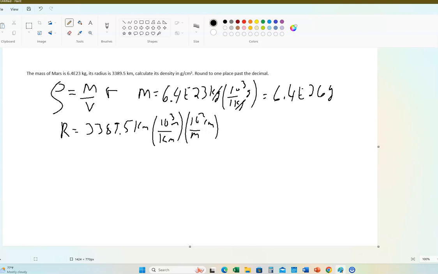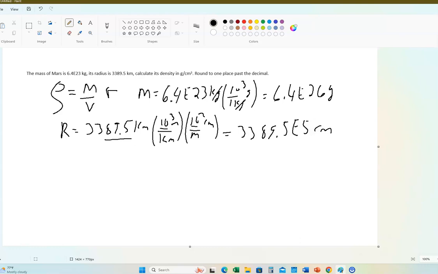So, you just take this number, multiply by 10 to the fifth, right? 10 to the third times 10 to the second is 10 to the fifth. So it becomes 3389.5 times 10 to the fifth centimeters.